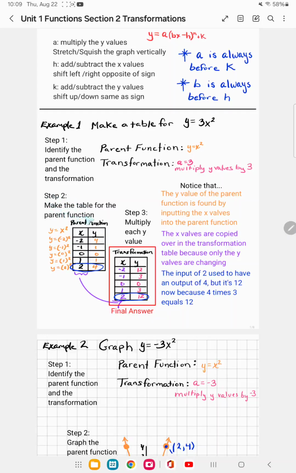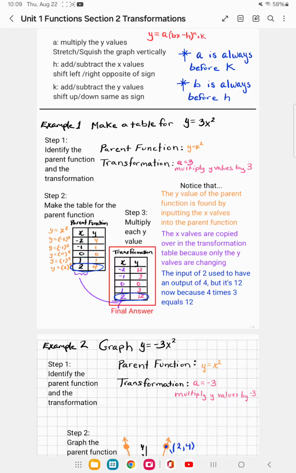The first thing we have to do is make a table for the parent function. To do that, we set up our table with x and y. -2, -1, 0, 1, 2 are the numbers that we're choosing for x. We do that because it gives us an idea of what's happening across the x-axis, but any numbers can be chosen.